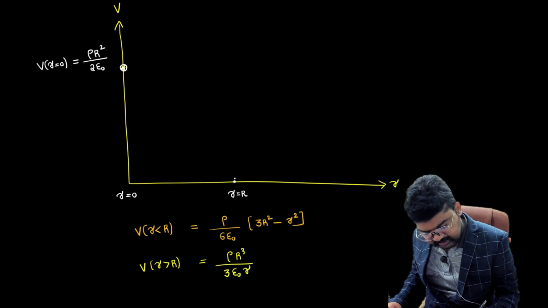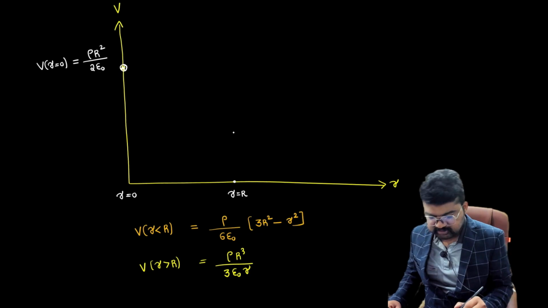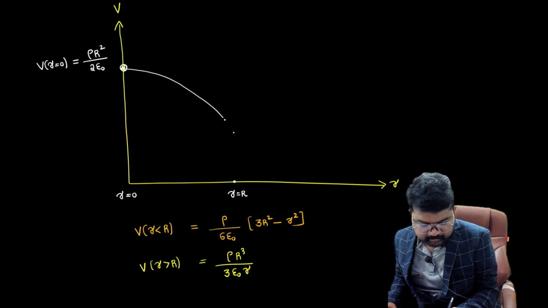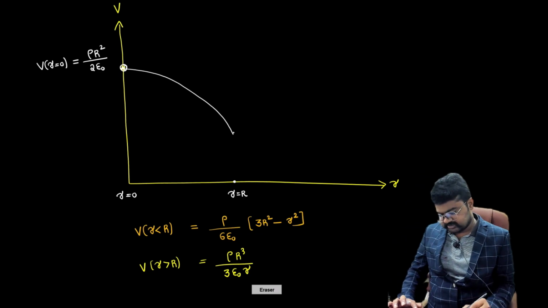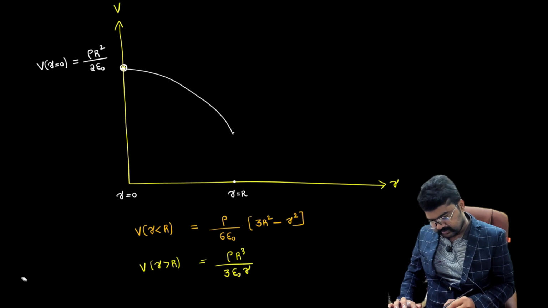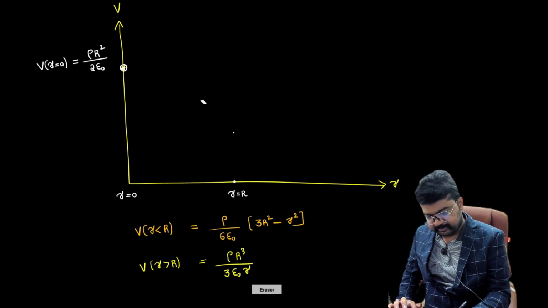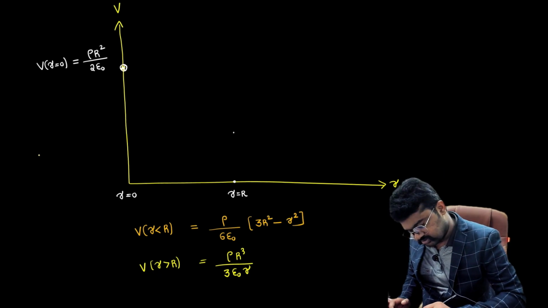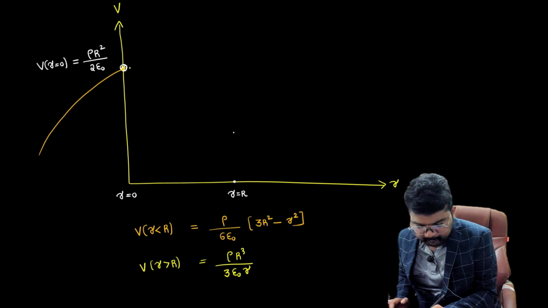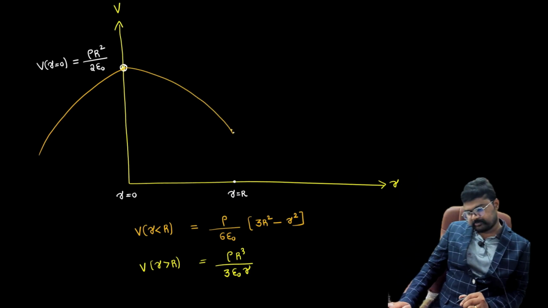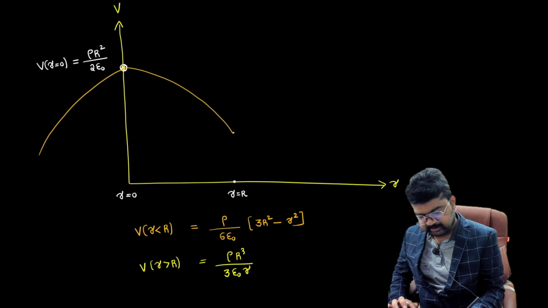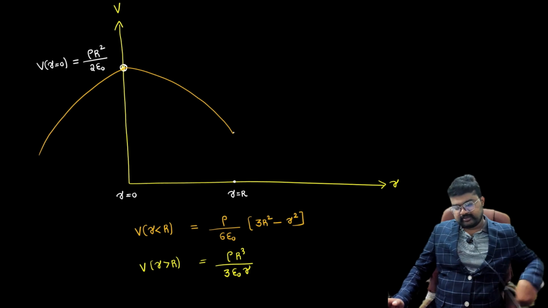I explained, right? Up to here it is what? From here to here, it's a parabola. You should get it like this. It's a parabola kind of stuff.